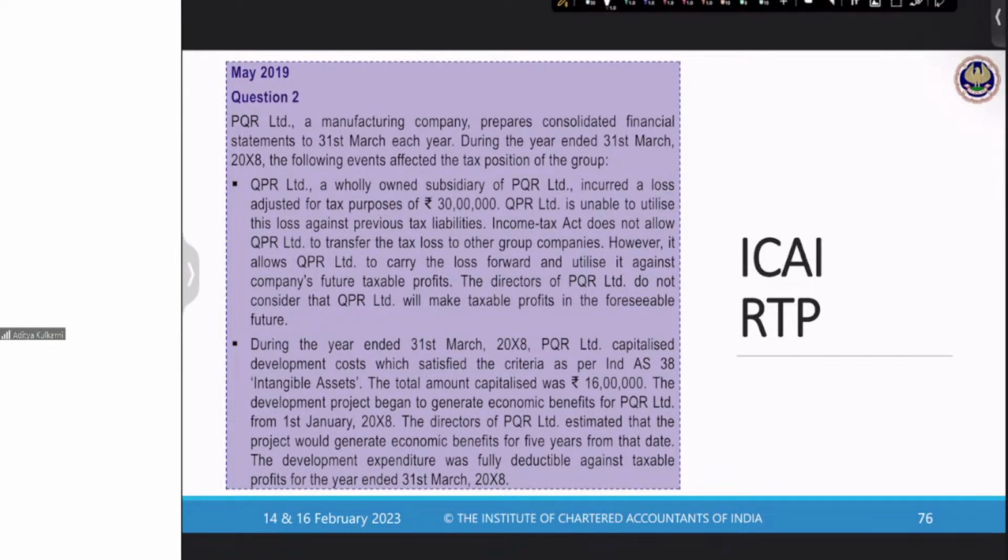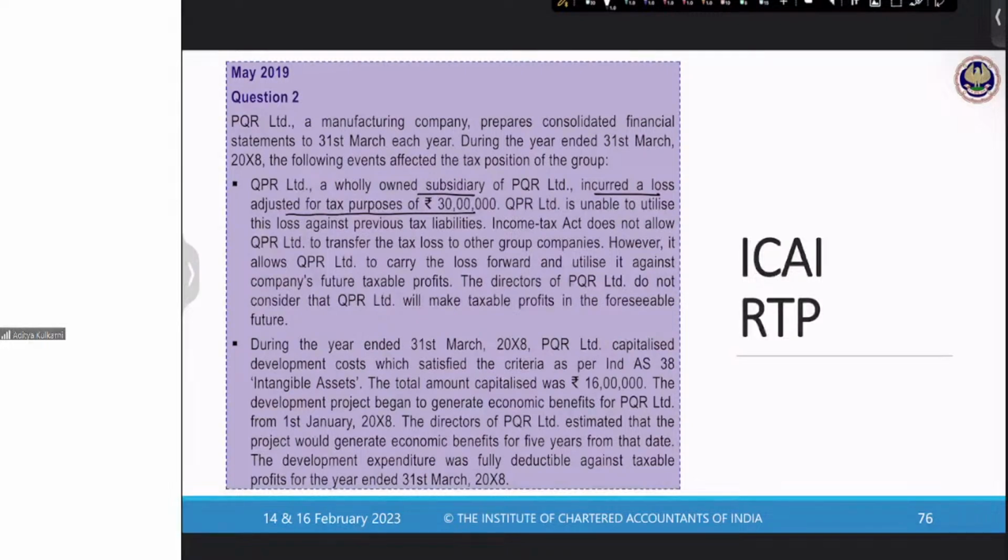No problem. PQR Limited, a manufacturing company, prepares consolidated financial statements to 31st March. During the year, the following events affected the tax position of the group. So what is the tax position of the group getting affected? QPR Limited, a wholly owned subsidiary, incurred a loss adjusted for tax purposes of 30 lakhs.